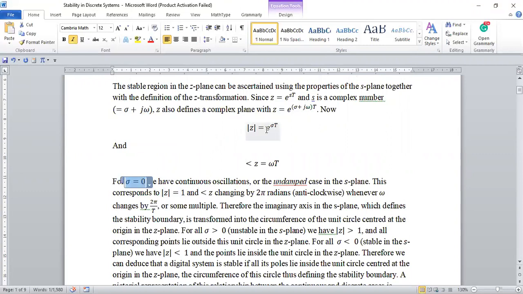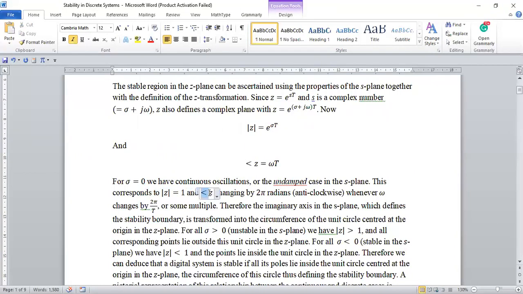So if sigma is equal to 0 here, the exponential of 0 is 1. So that means that the modulus of z is equal to 1. This particular boundary, the magnitude of z equal to 1, defines the region of marginal stability in the Z-plane.